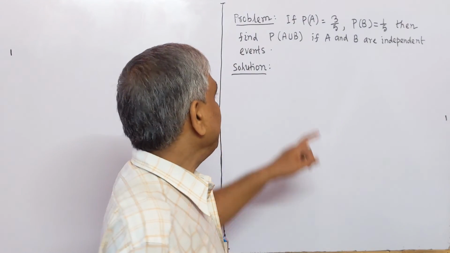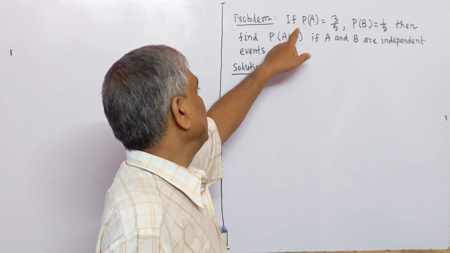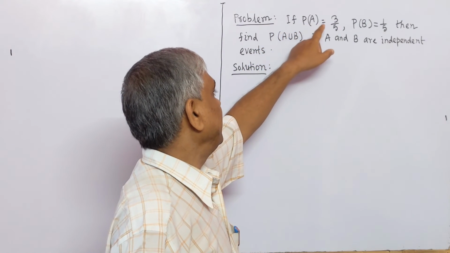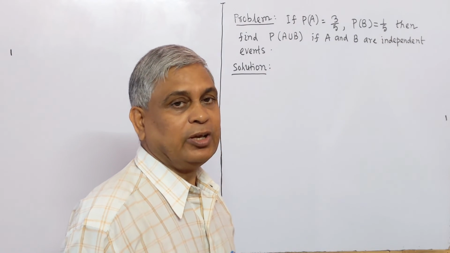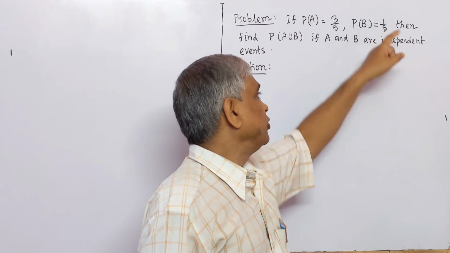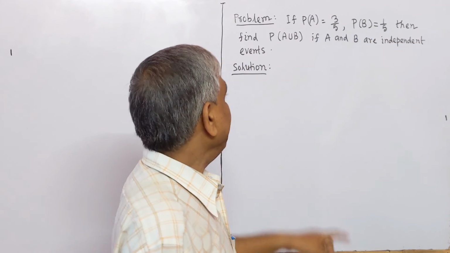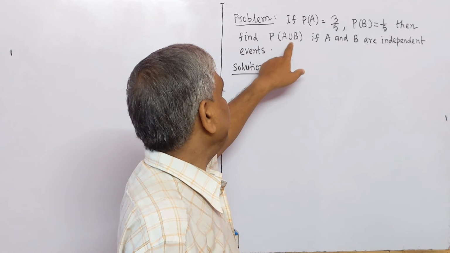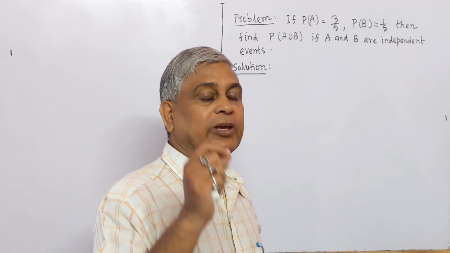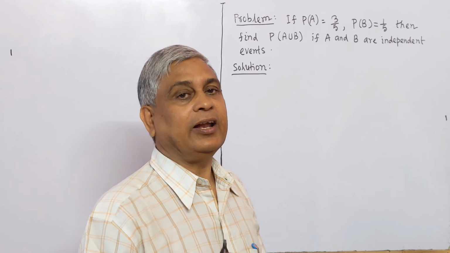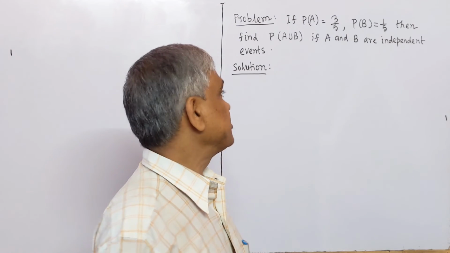Now we solve a problem. The problem is, if probability of A equal to 3 by 5, probability of B equal to 1 by 5, then find probability of A union B if A and B are independent events.